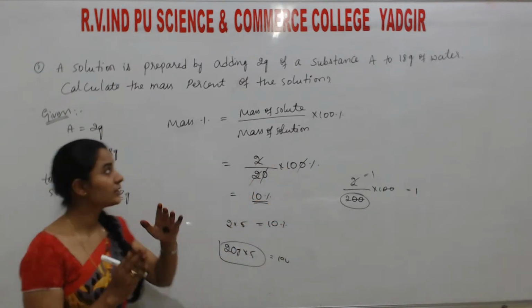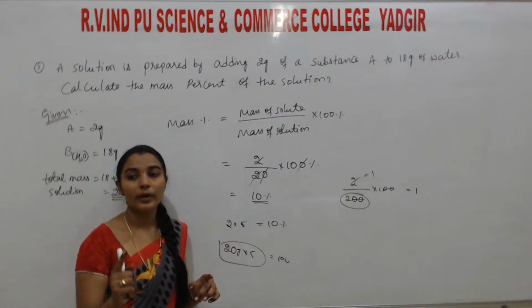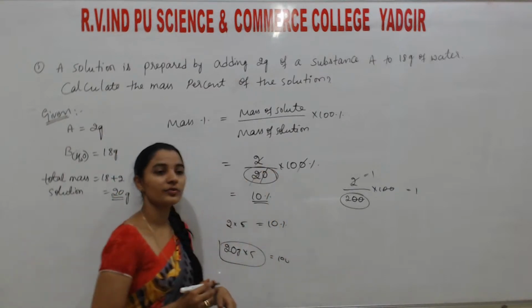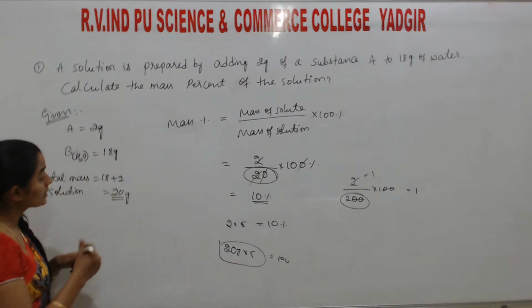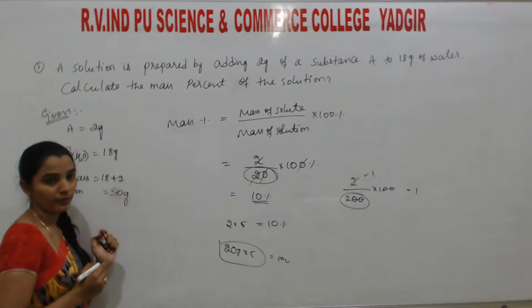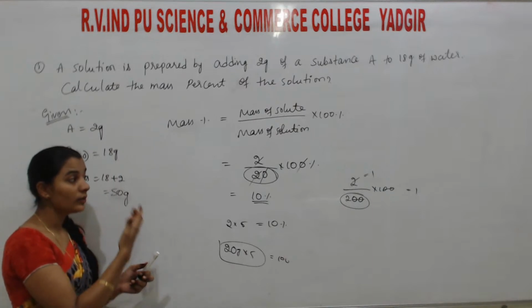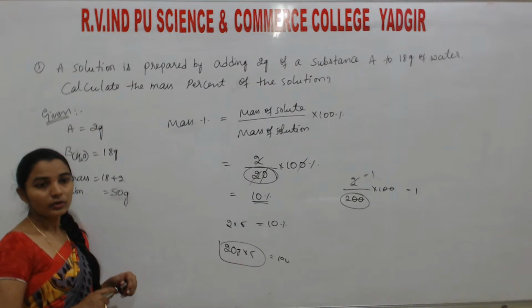Understand? So always remember, mass percent is compared to 100. Which mass? The mass of the solution. Listen, if the mass of the solution is given as 50 grams, then what will be the mass percent of the solute?